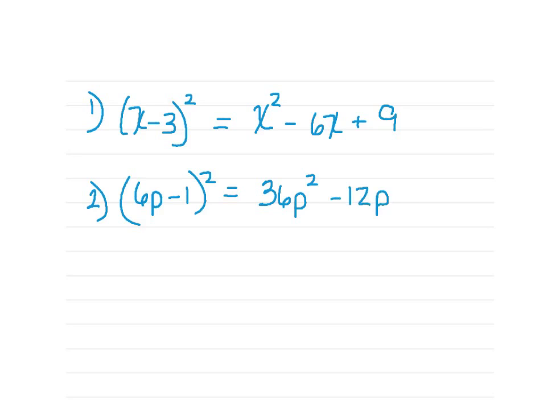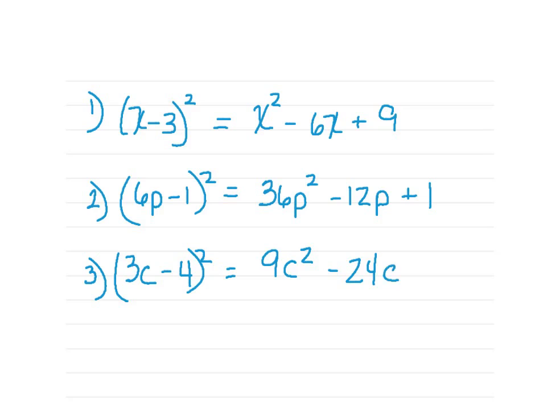That's going to be plus 1. Okay, number 3. Let's try this one. 3c minus 4 squared. First term squared would be 9c squared. The product of the two terms is negative 12c. Double it, negative 24c. And the second term squared is positive 16.